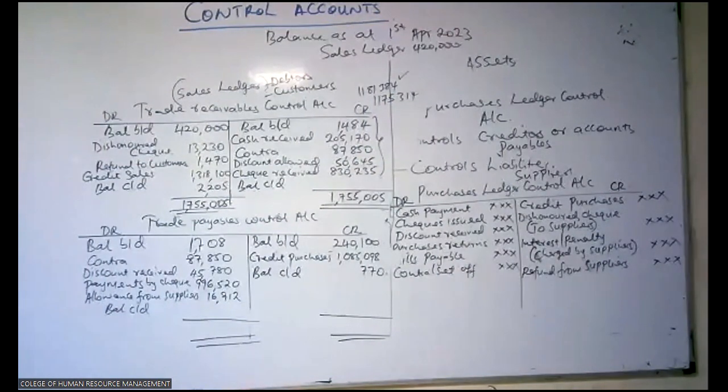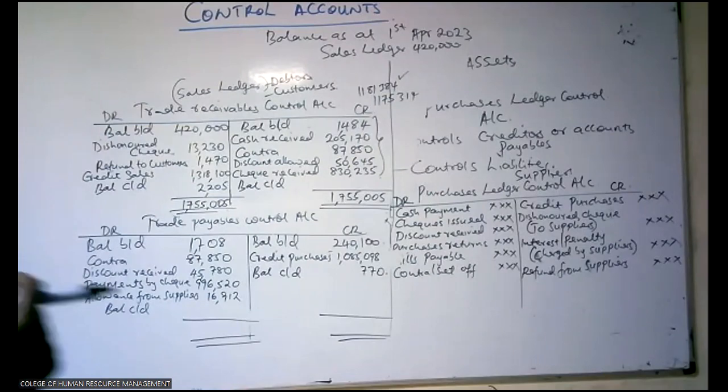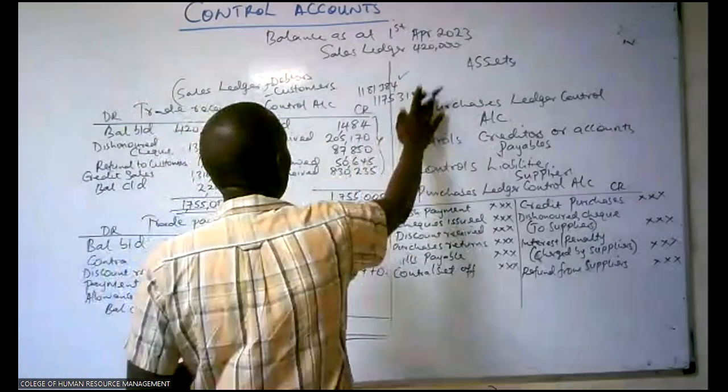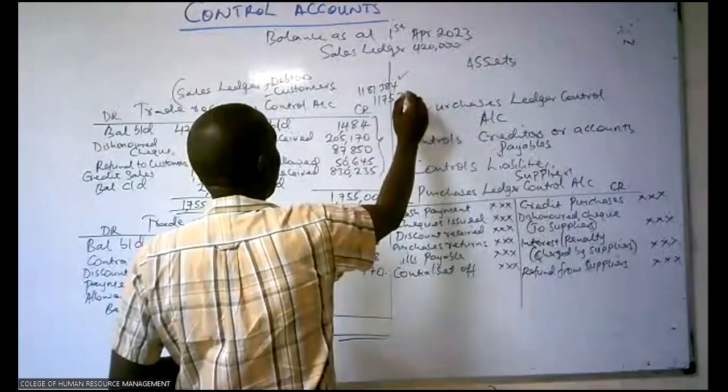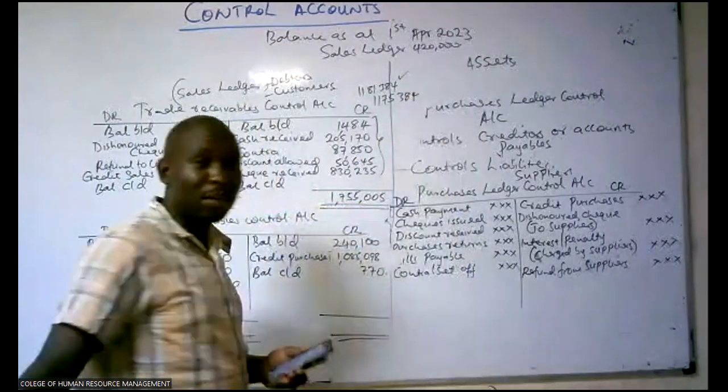On the credit side, like the previous person has said, I'm getting 1,175,384 instead of 314. Yes, that one. 1,175,384. So we fail the exam because of missing your addition and subtraction.